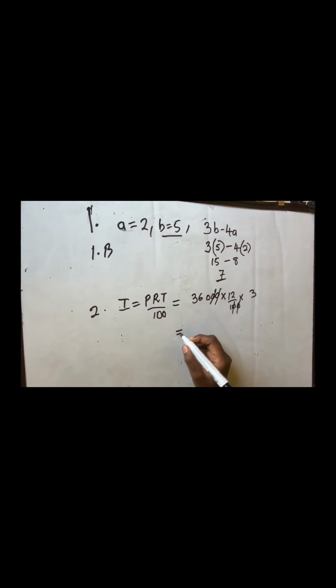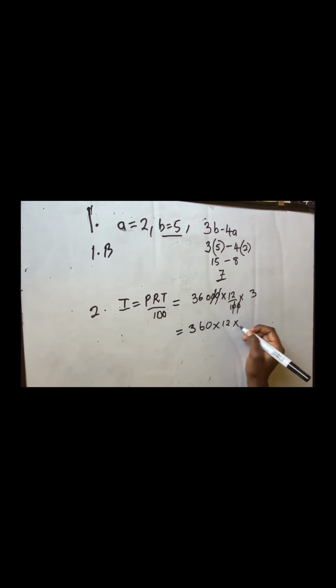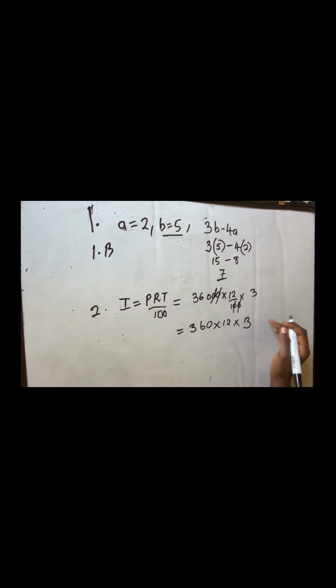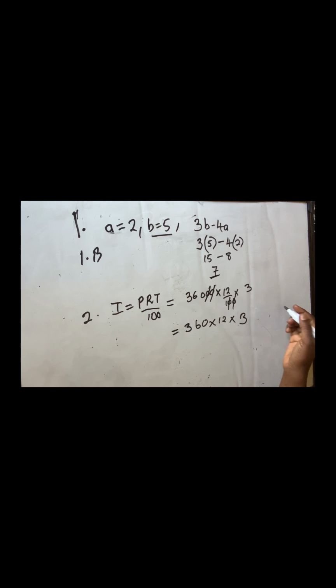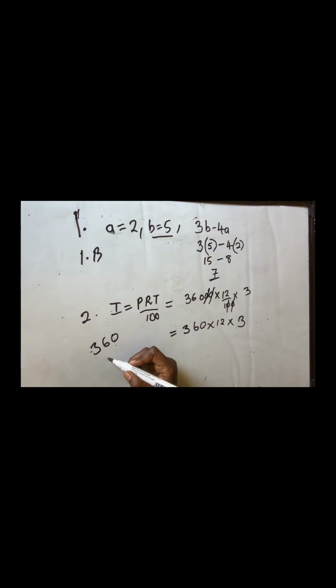So what are we going to remain with? We're going to remain with 360 times 12 times 3. Can you remember what your 12 times 3 is? Should be 36. So now the only thing you remain with is 360 times 36.